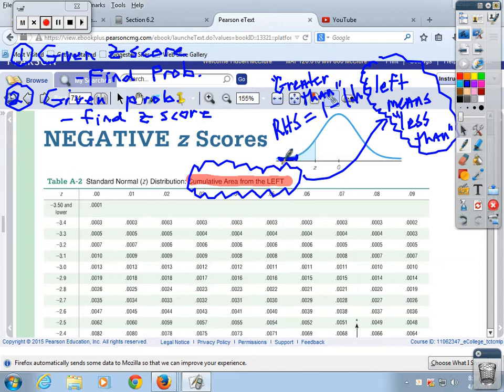And that probability right there, 3.02, is 0.0013. That's that area right there. Now if I want the right hand side, then I have to take 0.0013 away from 1, and that would give me 0.9987. 0.9987 is over here.